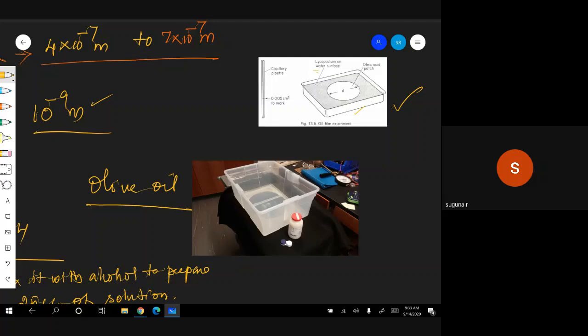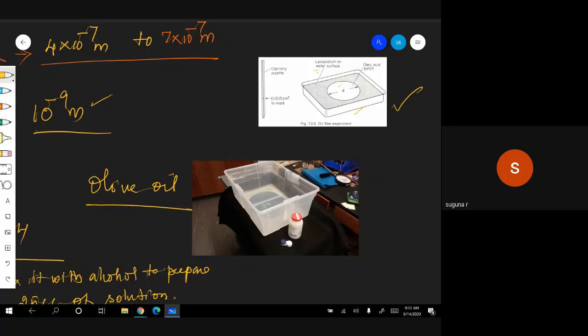It forms a roughly circular film, as shown here, on top of the lycopodium surface.